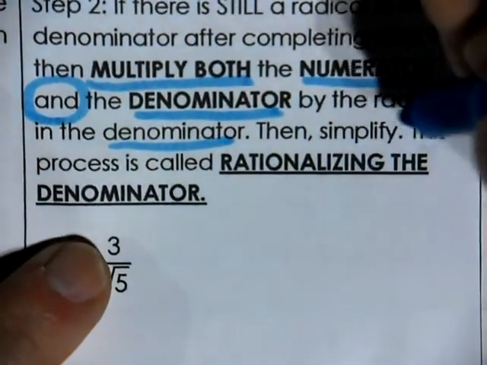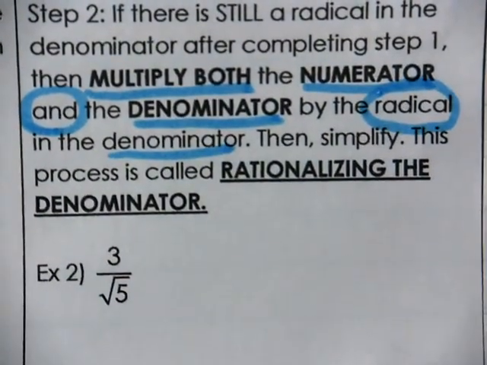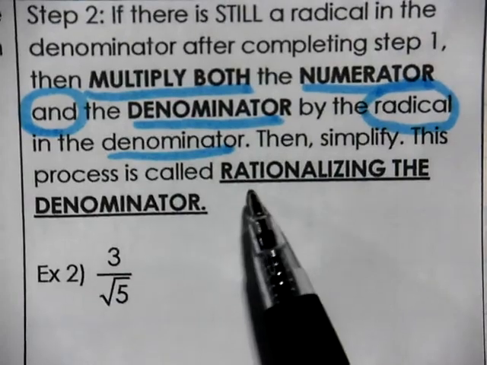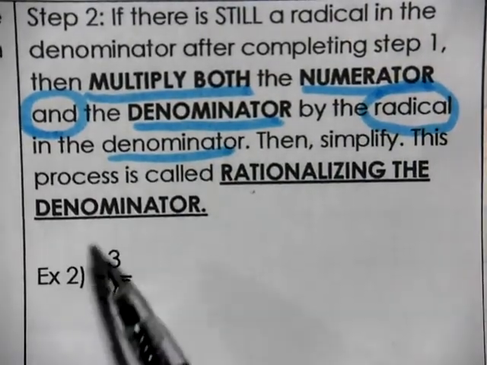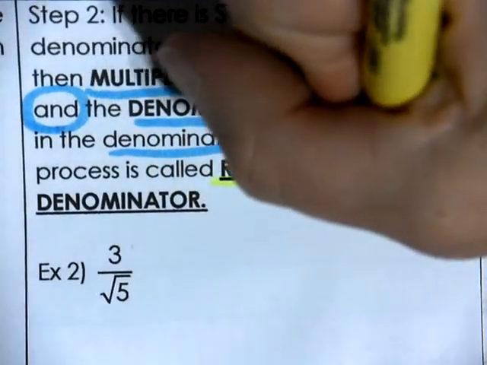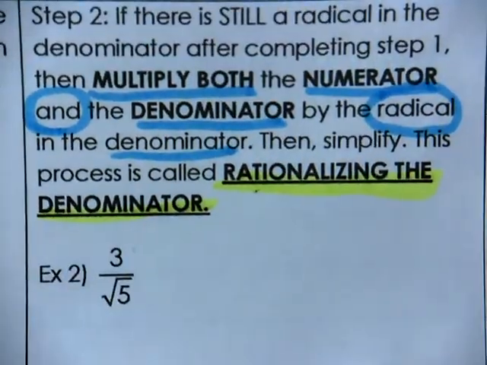Then we'll simplify. This process is called rationalizing the denominator. It is a phrase that you will see a lot.